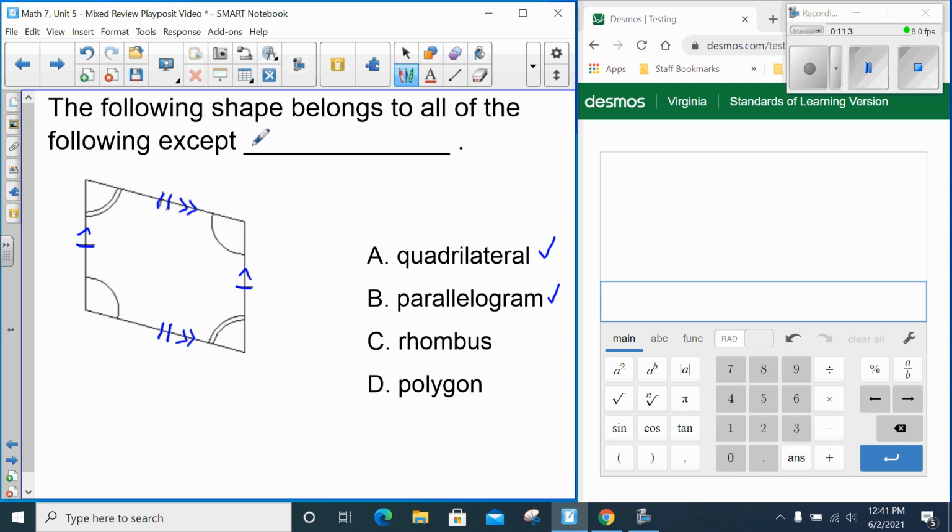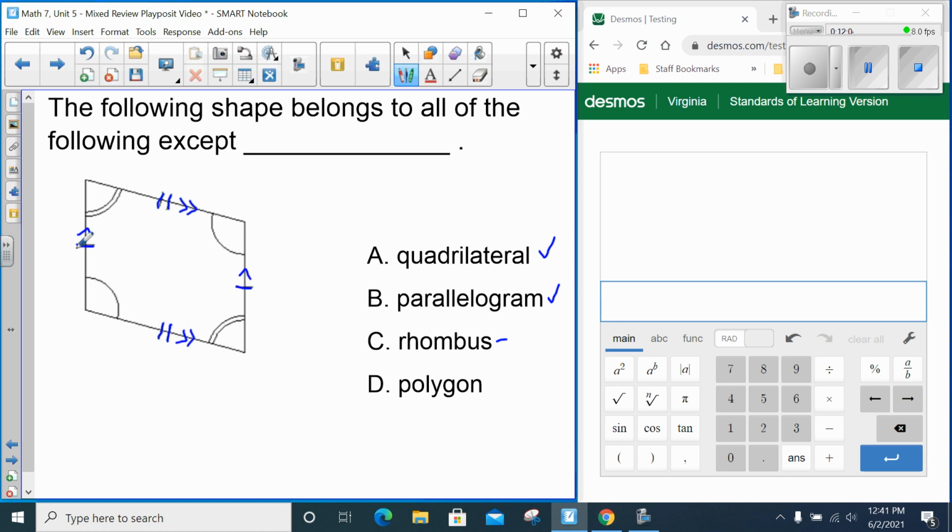So again, remember, the question asks for what this shape can be classified as, all of these except what. So we're looking for the thing that it's not. Choice C says rhombus. Now remember, a rhombus is supposed to have 4 congruent sides, which means all 4 sides should be equal. Looking at this picture, I can tell that the left and the right side are equal to each other, but the top and the bottom are not equal to the left and the right.